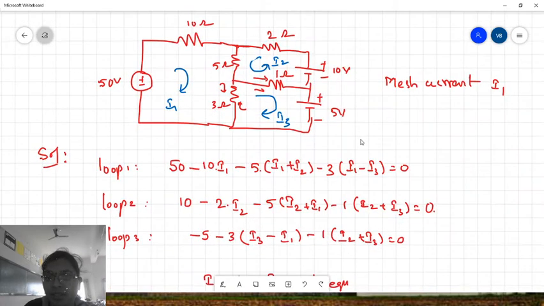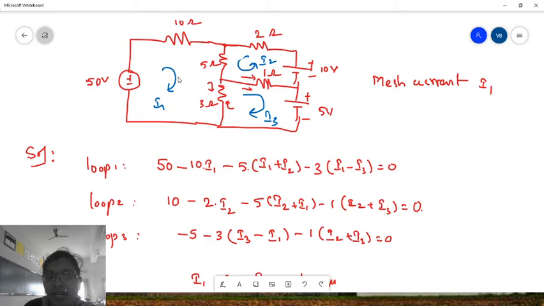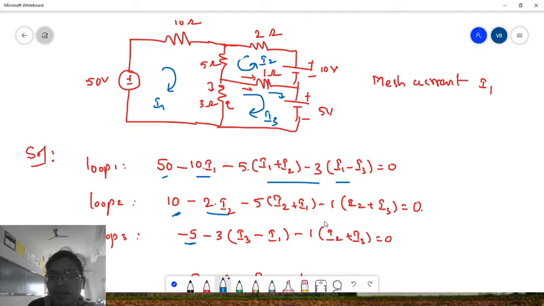Here in loop 1 and loop 2, both currents are entering at the negative terminals of the sources, so we take 50 as positive as well as 10 as positive. These two are positive. Why? Because these two currents are entering at the negative terminal. But in loop 3, the current is entering at the positive terminal of the source, so this source value should be taken as negative. All remaining passive elements we are going to take as negative.